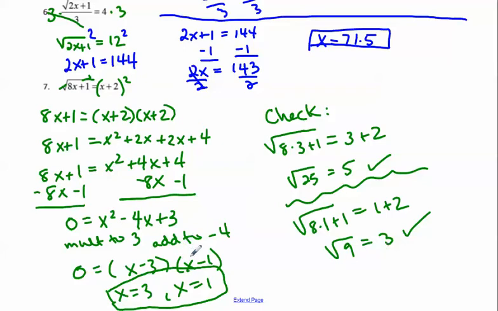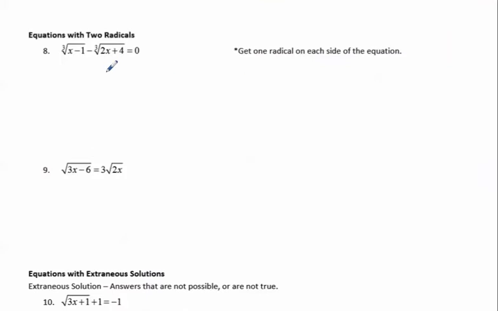Alright, next page. Okay, I have two radicals. So the directions are get one radical on each side. So I can add this one to move it to the other side, the side that has nothing. So I'm adding it to the 0. So it's a cube root of 2x plus 4.